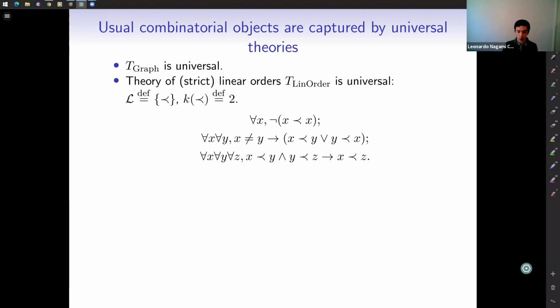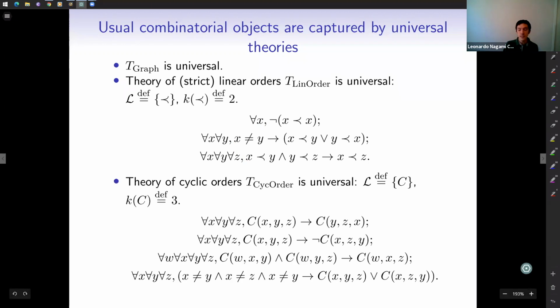Now, another theory that we kind of already bumped into is the theory of cyclic orders. The theory of cyclic orders, again, only has one predicate symbol, but now it's a ternary predicate symbol. And this is the axiomatization of the theory. There's an axiom saying, oh, it's cyclic, so if you swap the arguments around in a cyclic fashion, then the predicate still holds.